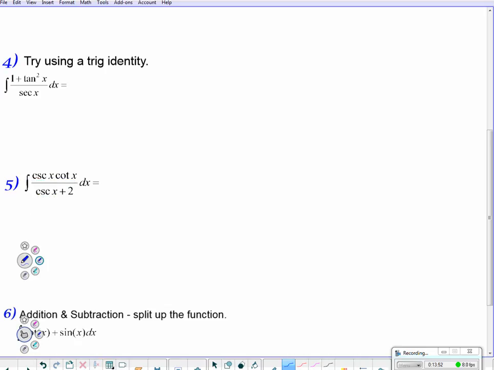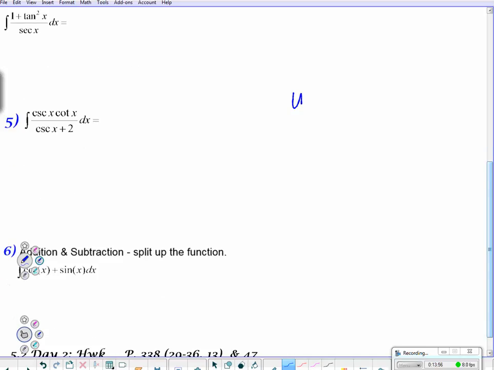So I think a u sub is in order on this one. So let's let u equal cosecant x plus 2. Follow through with our derivatives. du dx is going to be a negative cosecant x cotangent x, and the derivative of 2 is 0.